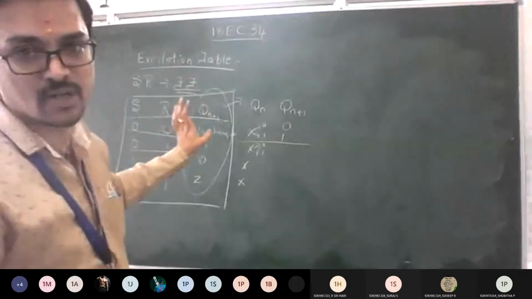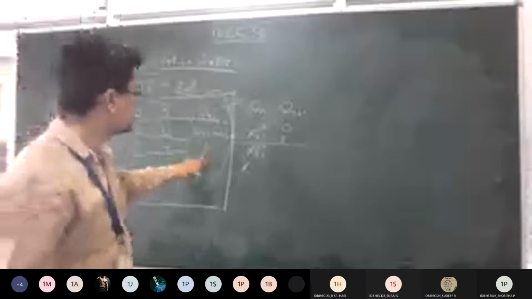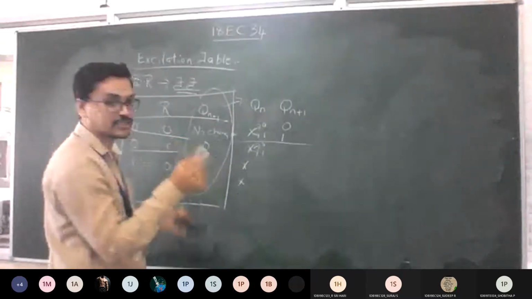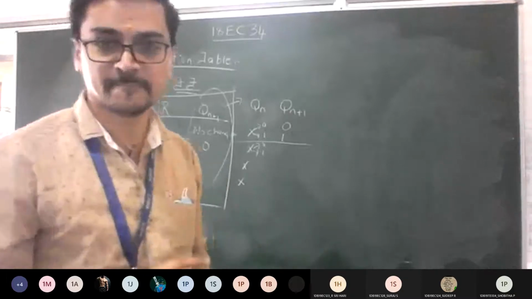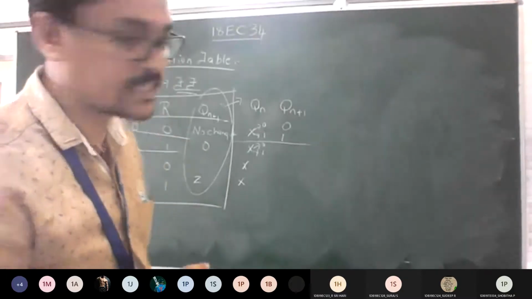Second condition 0, 1. Set is 0, reset is 1. If it is the 0, 1 condition, your Qn plus 1 is 0. Agree?